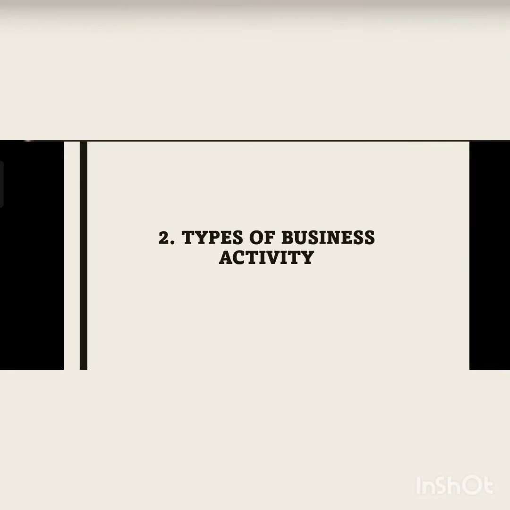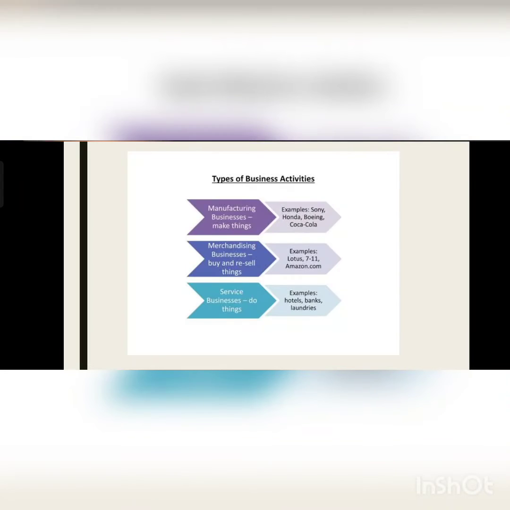Okay, then you have types of business activity. What are the different types of business activities? First is the manufacturing businesses that make things. For instance, the manufacturing and production businesses, or you can say the agriculture sector of a country. Like for instance, Pakistan has a manufacturing sector, and it also has service business, and merchandising business.